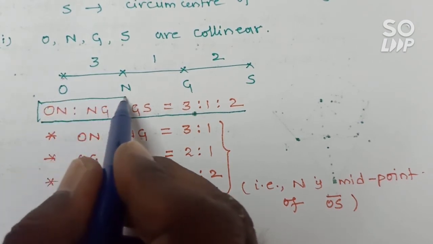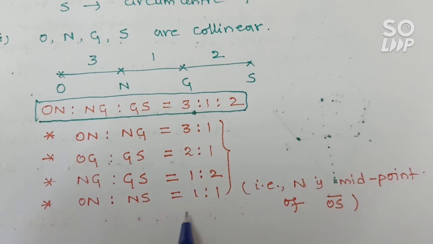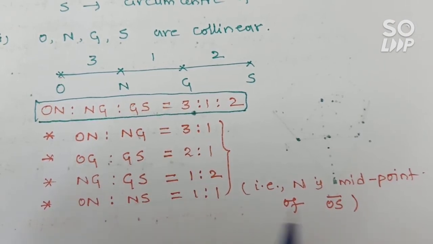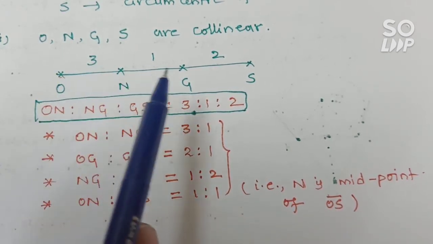If we know this ratio, you can directly find any of the following ratios. Now you will do some problems related to the relation between O, N, G, S.